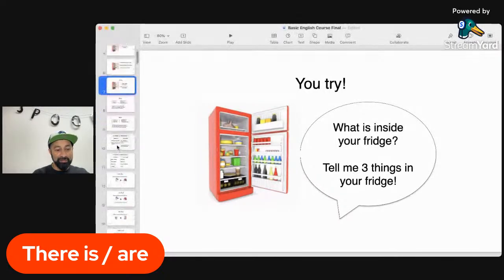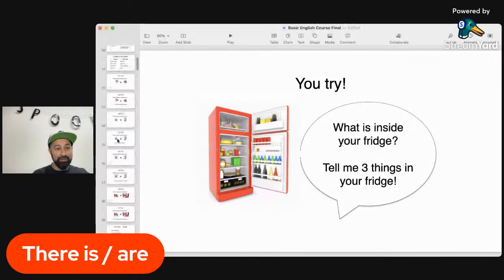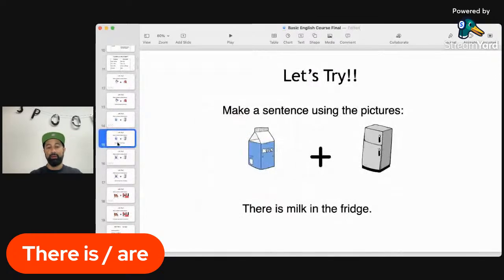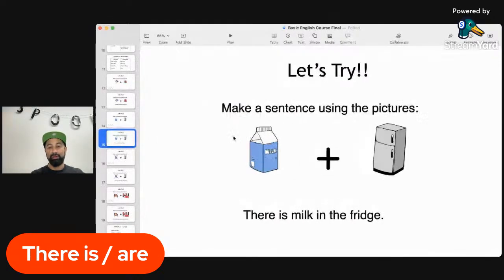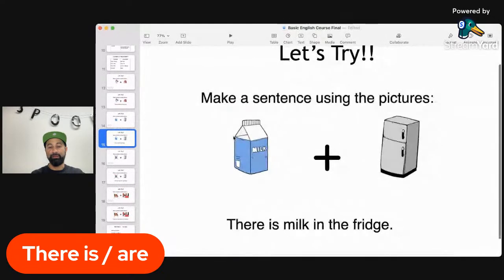Let me go through my slides here again. Let's look at this right here. Milk, right? We've got the sentence, there is milk in the fridge. Milk is uncountable. But milk is in a container, right? There is a special container here, and this container is countable. This is actually called a carton. A carton.